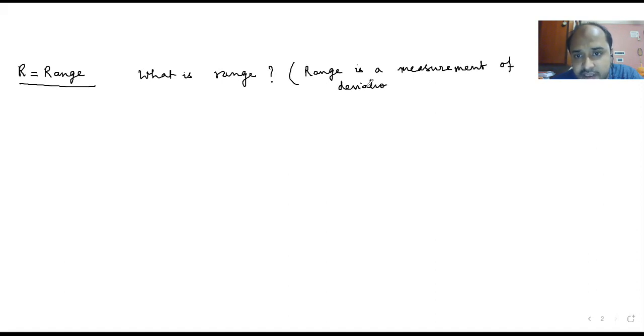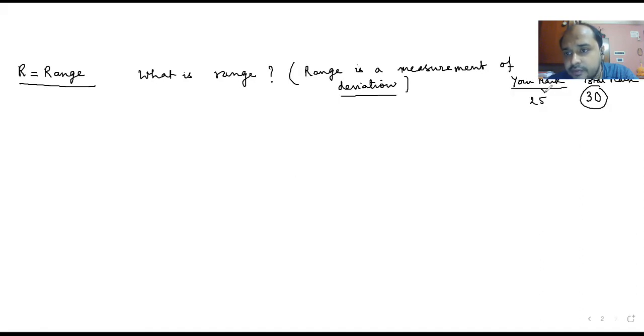What is deviation? Suppose you have sat for an examination and the total mark of the examination is, say, for example, 30. That is the total mark. And suppose your mark is 25. So you will say, sir, I am 5 marks less than 30.